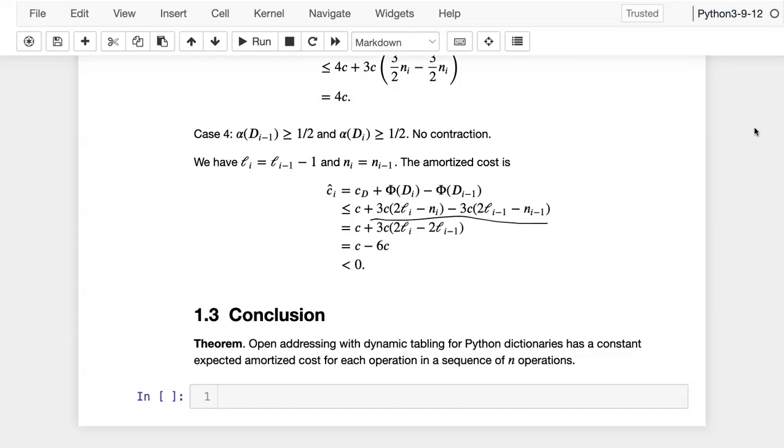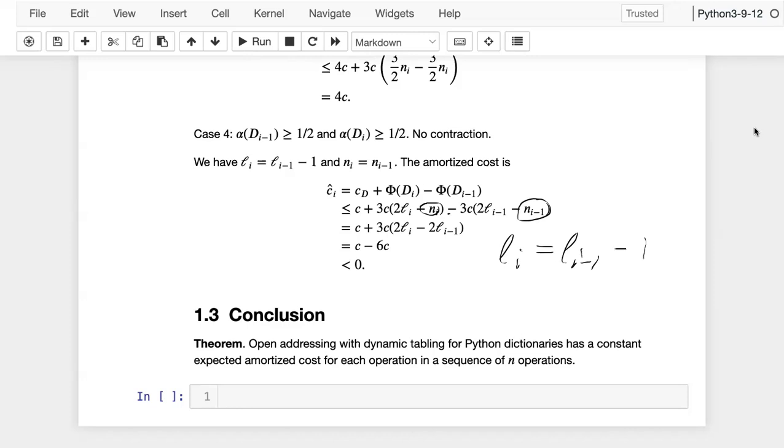So this cancels, because minus this cancels, and L_i is equal to L_{i-1} minus 1.